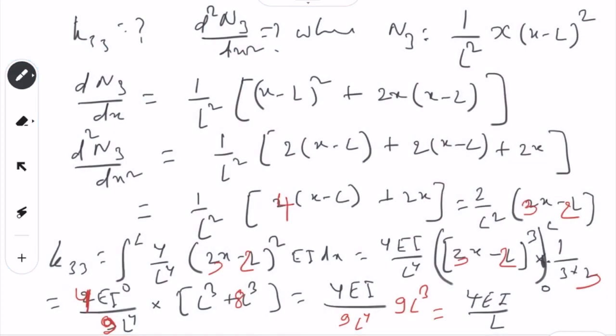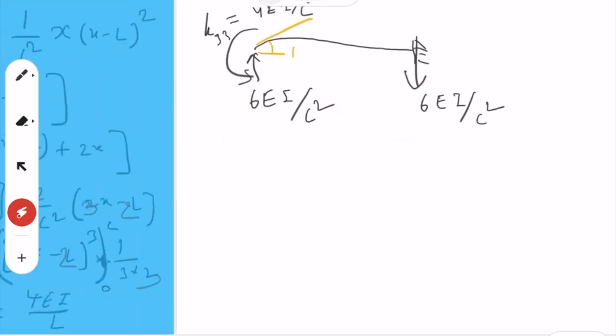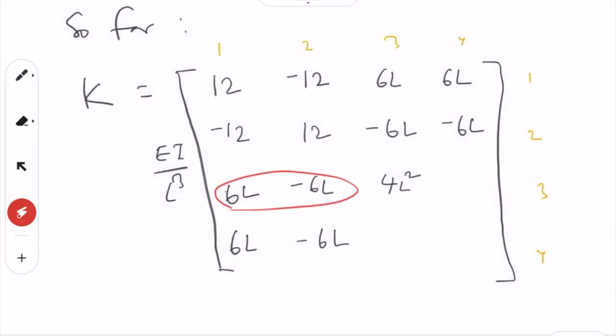So what we found out here is K33, which is equal to 4EI over L. So this is the moment which is applied here to get this angle equal to unity, and reaction forces are produced, as per here, right. So these are the values. At 1 you get upward 6EI over L square, here it is downward, and then this is 4EI over L.